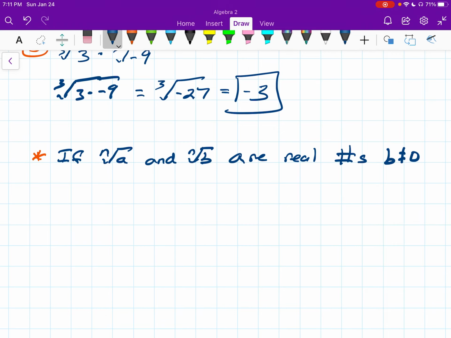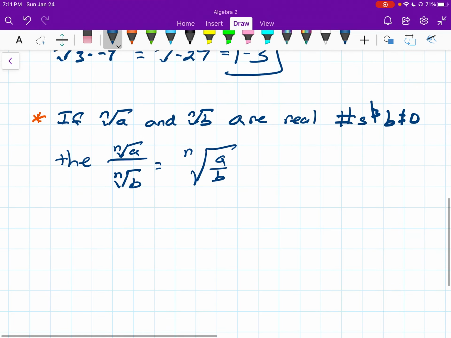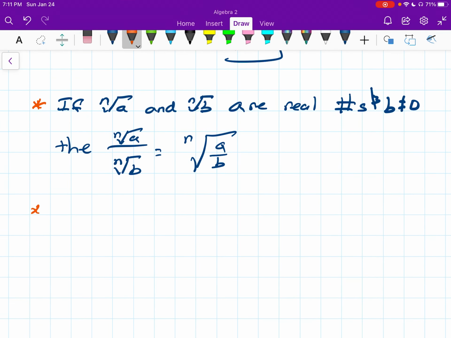That'll make sense in just a second. Then the nth root of a on top of the nth root of b is equal to the nth root of a over b, right? So the reason that we couldn't have b being 0 there is because we can't have a 0 in the denominator, right? And one more idea that we need to remember is that we have to rationalize the denominator.